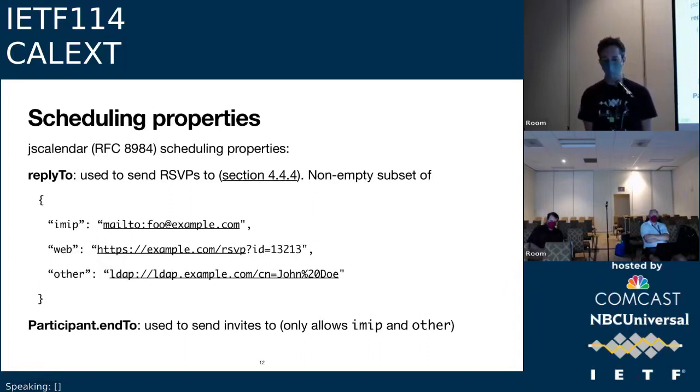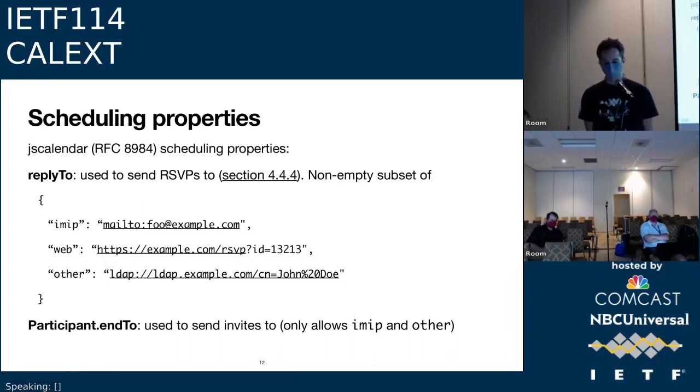Currently, the scheduling methods imip, web, and other are defined for replyTo, where web is basically a link the user is expected to click on to RSVP. And similarly, in participant, oops, there is an S missing, so it's participant sendTo. This defines where to send invites to this participant. This does not allow the web method, as we do not expect organizers to manually click on something where they can invite a participant.